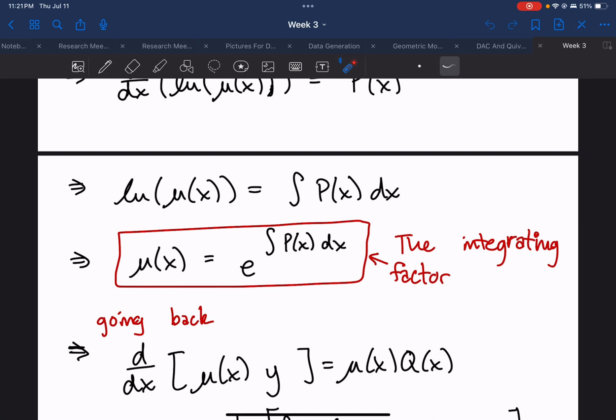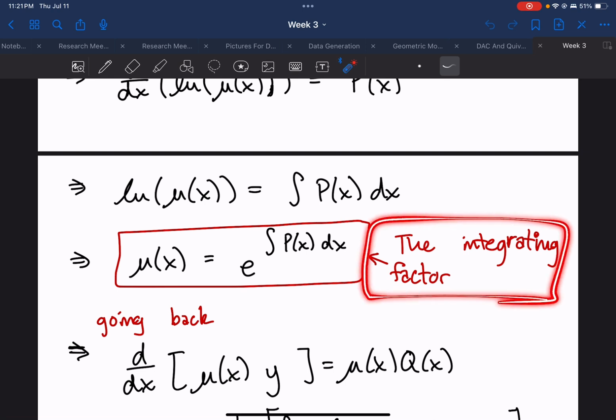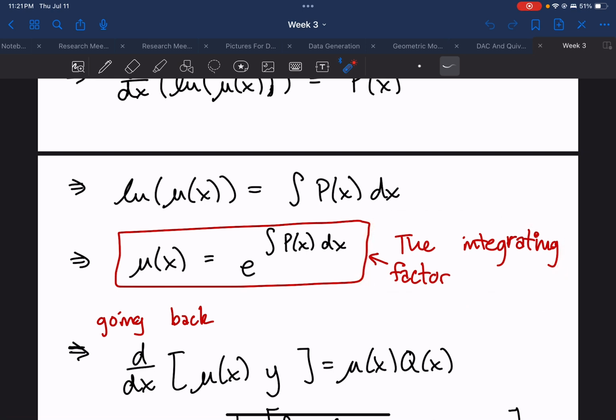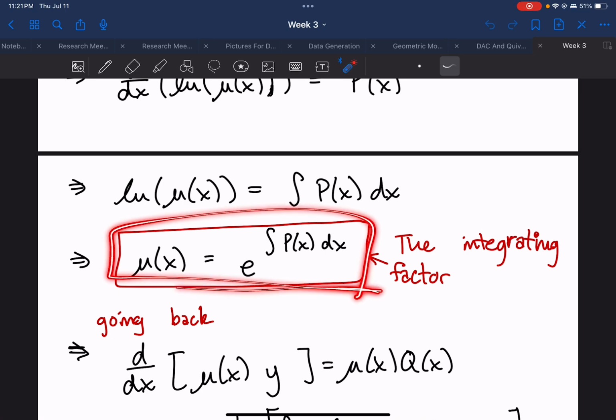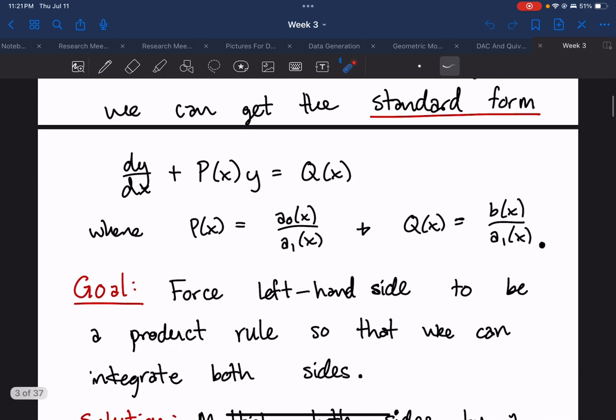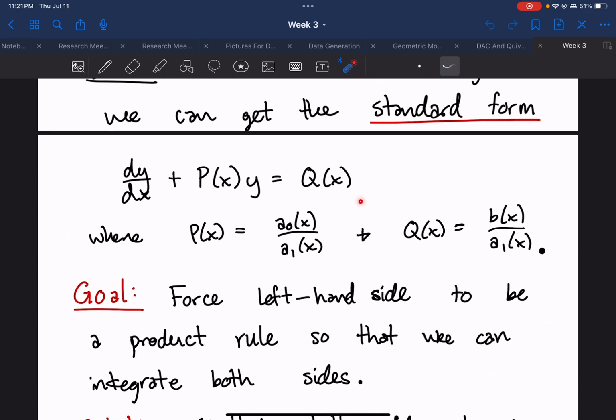Please just commit this to memory, okay? Something very important I should have mentioned earlier, but I failed to. In this equation, it's super crucial that there's a 1 out front of the dy dx. It's part of the definition, right?